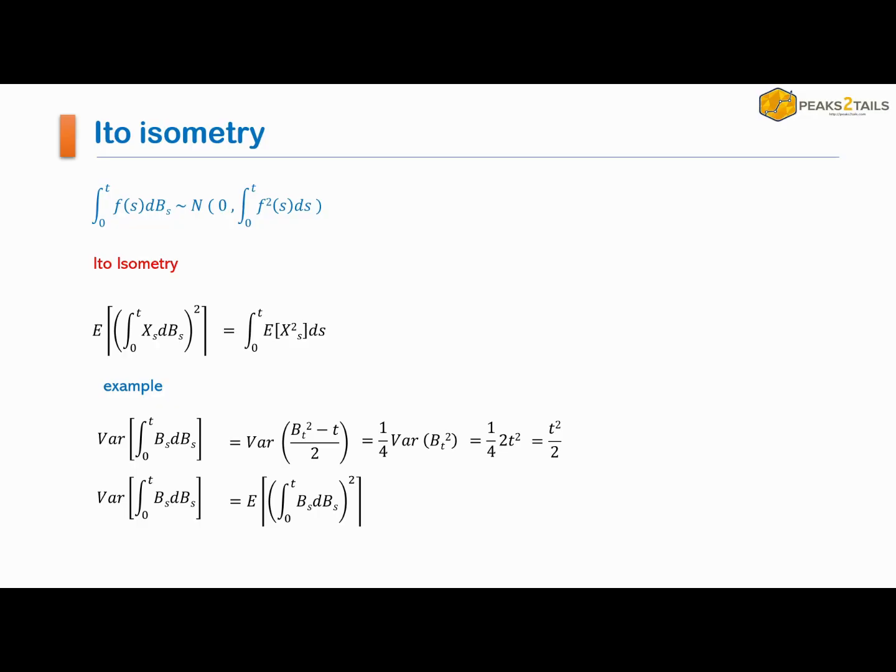Now immediately we can use Ito isometry to convert this integral to this form. Now we know expectation of Bs square is s. So we write this as s ds, and then we integrate and put the limits, we get t square by 2.